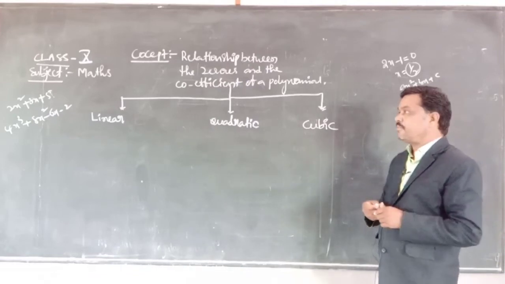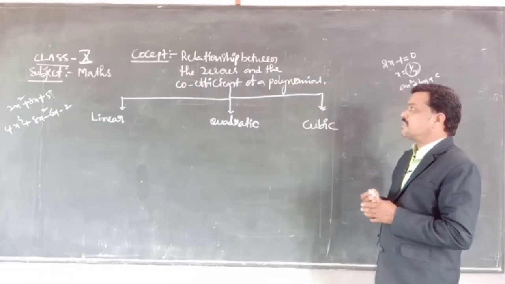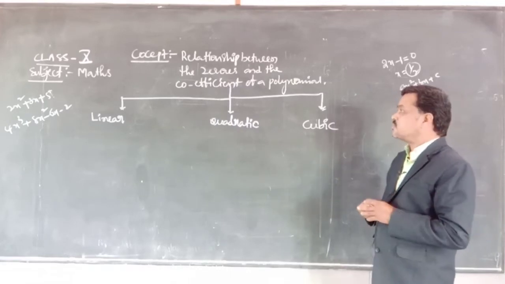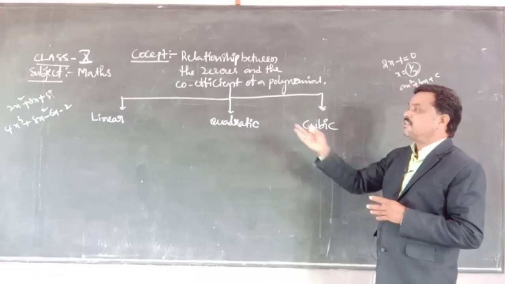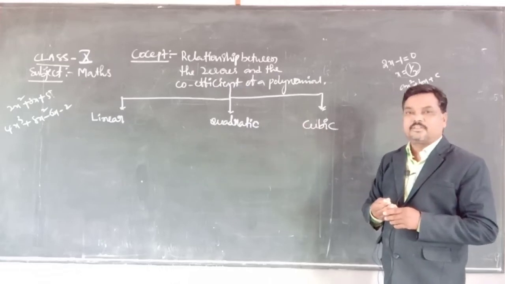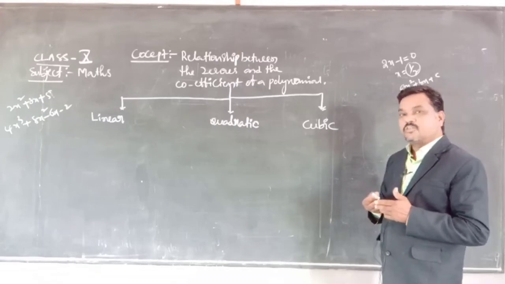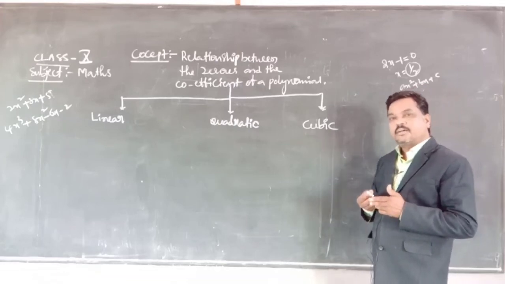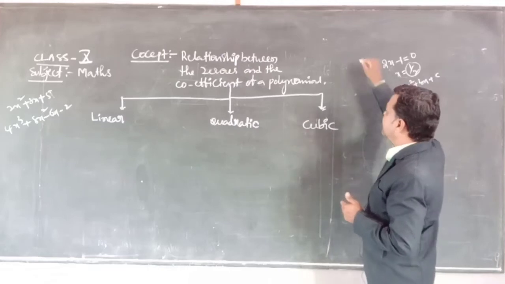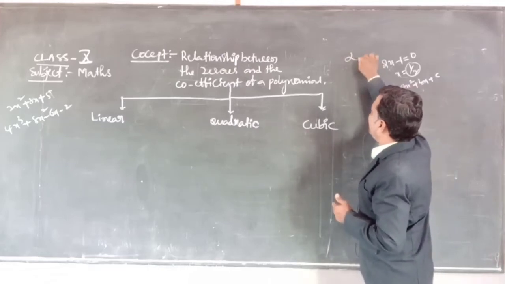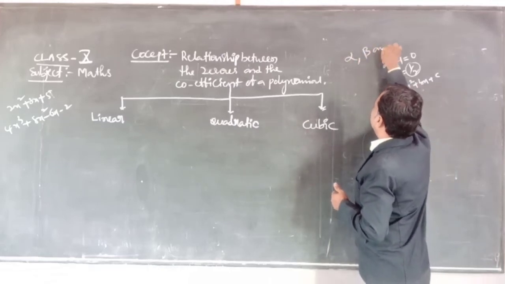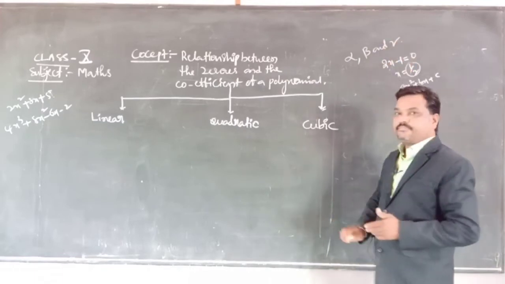What is the relationship between the zeros and the coefficients of these three different polynomials? Here I am denoting the zeros of the polynomial by the Greek letters alpha, beta, and gamma.